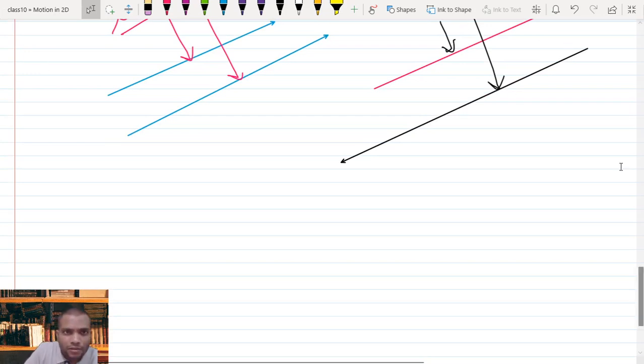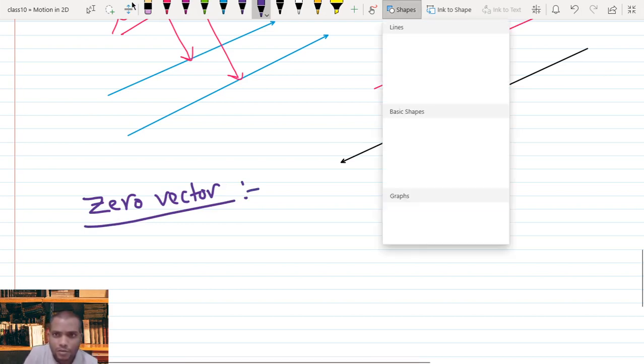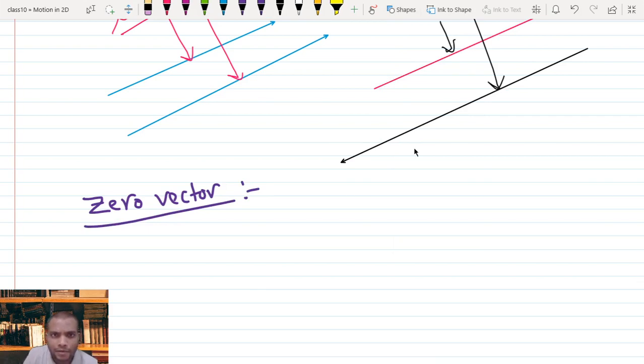Now a very important one which I am going to discuss here is known as the zero vector. In vectors, zero is also a vector. Why is it a zero vector? Suppose I have a vector represented in this direction and another vector also represented in the same direction.